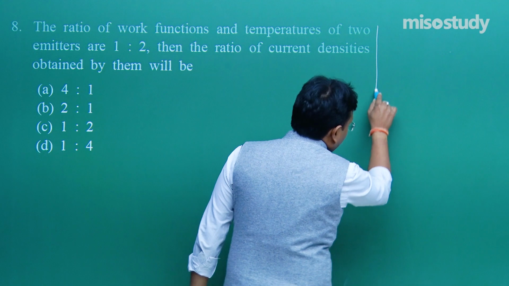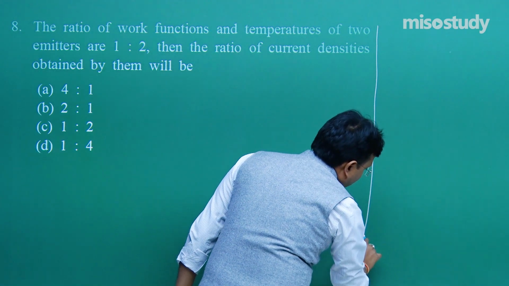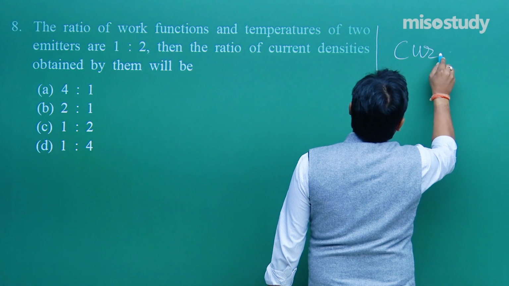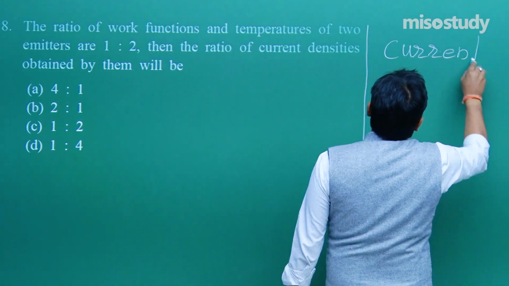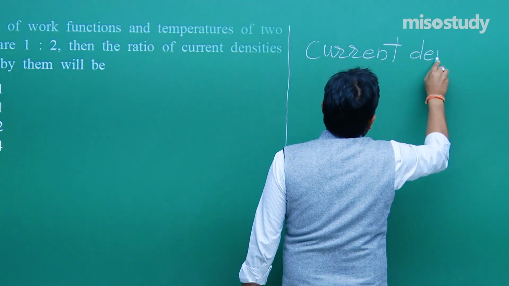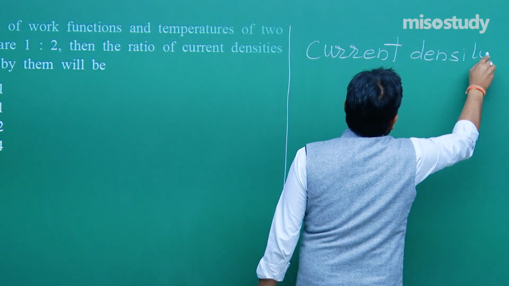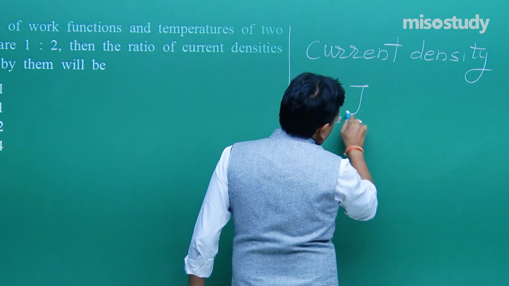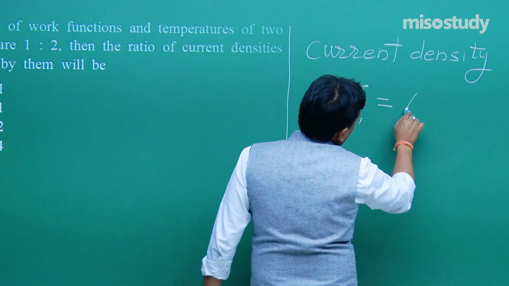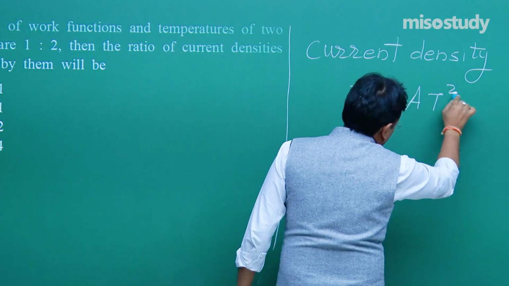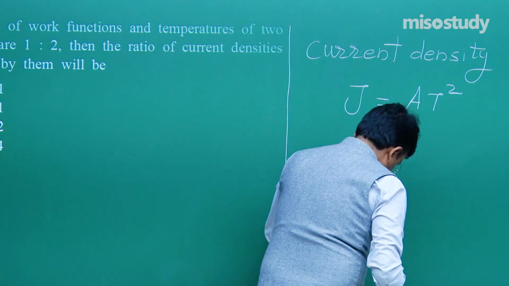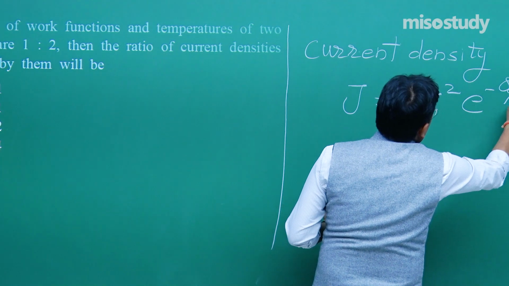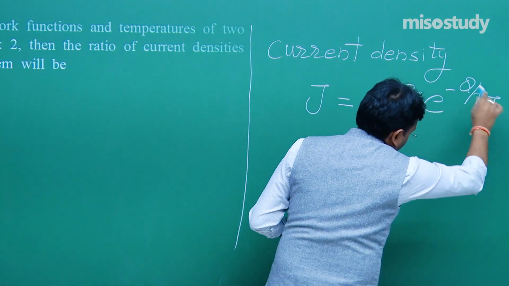So let us mention this basic result, that is current density. It is generally given by J. Current density J is equal to A T square e to the power minus phi upon kT.